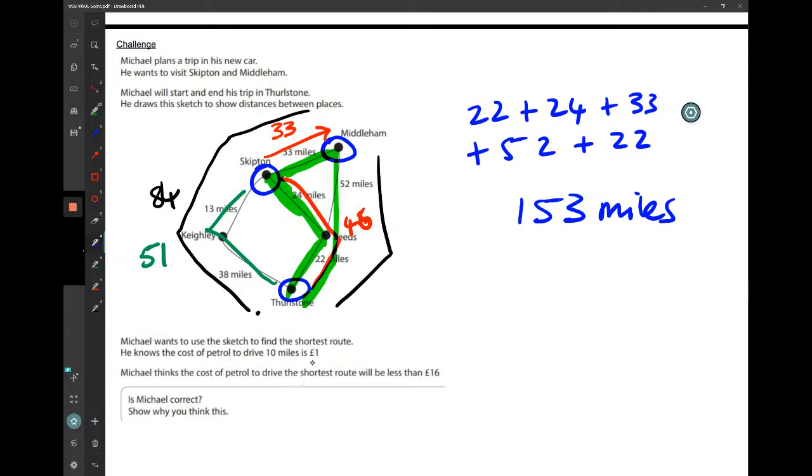Now, petrol costs £1 for 10 miles. So how many 10s go into 153? You can see it's going to be 15 10s with 3 left over. So it will be £15 plus a tiny bit extra.